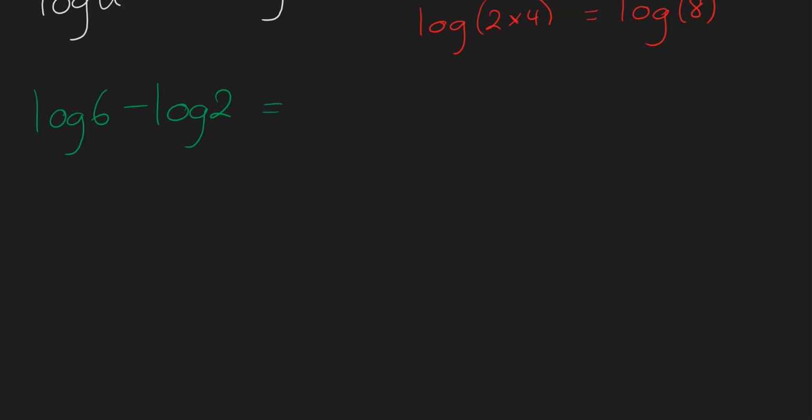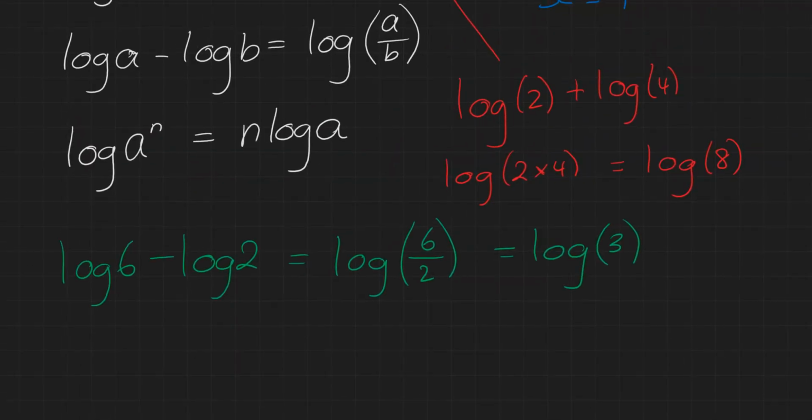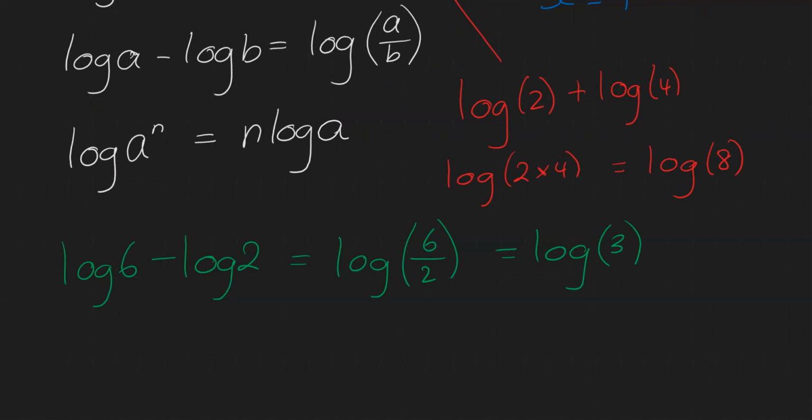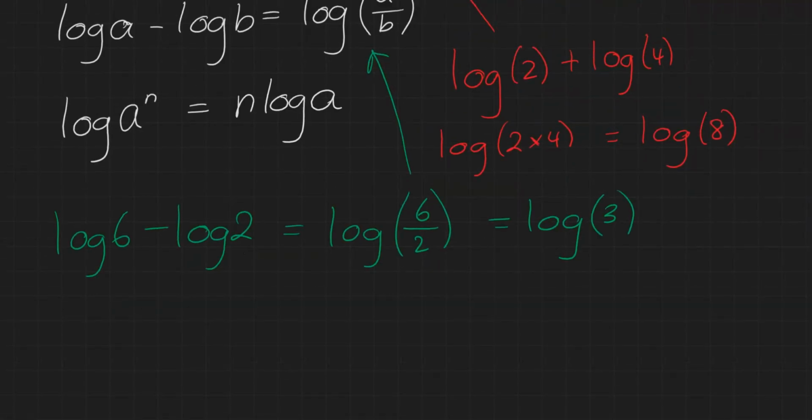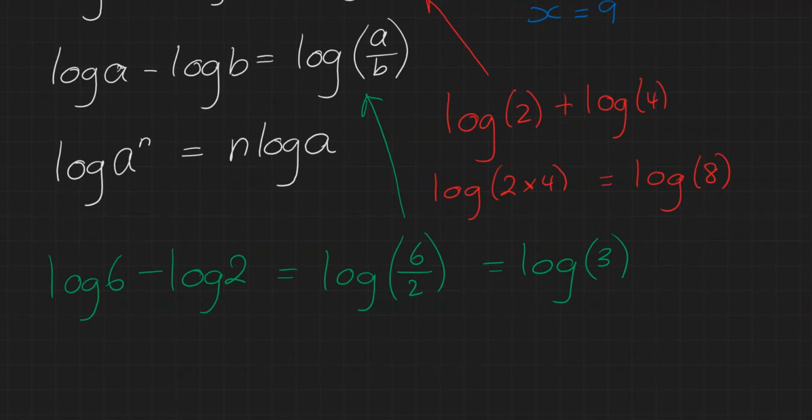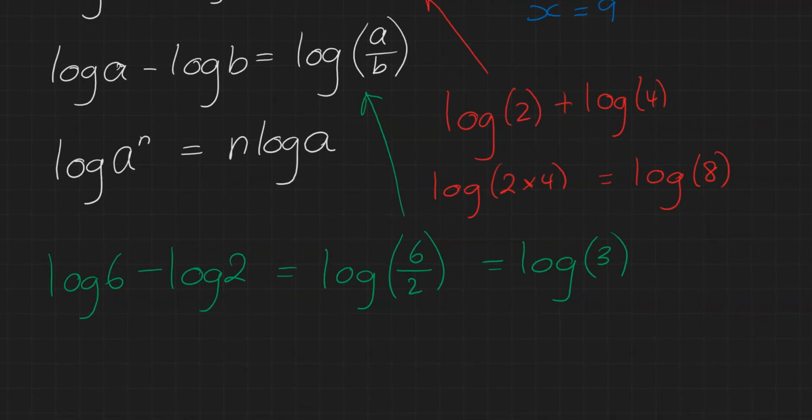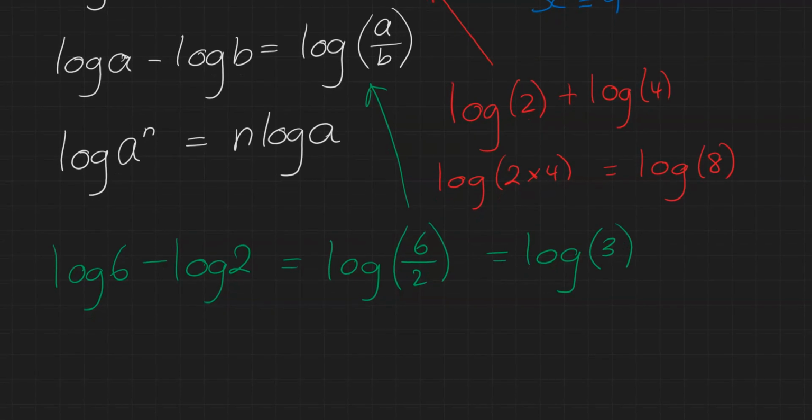Well, we can rewrite this as log of 6 over 2, and therefore we can simplify that, it becomes log of 3, and we've just used this log rule right here, so I can just point an arrow down there for that one. Cool. Just in case you missed it, this one we've used that log rule right there.